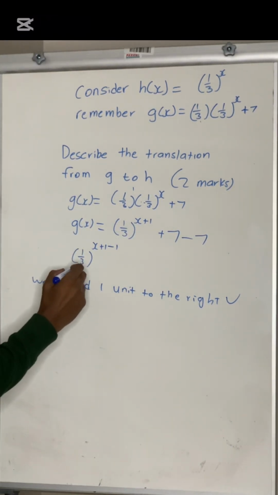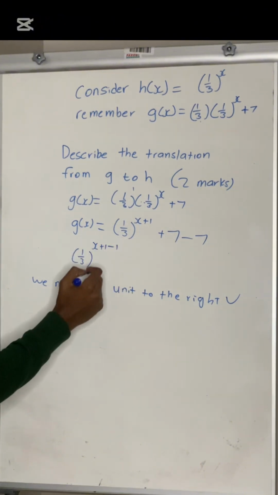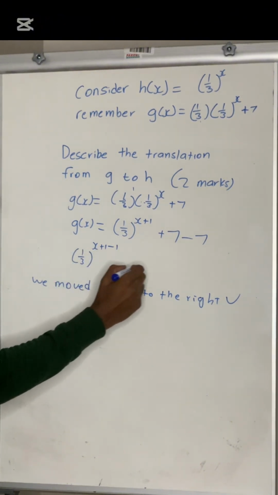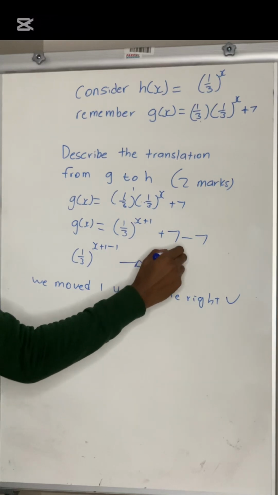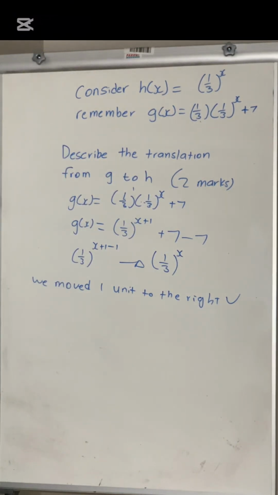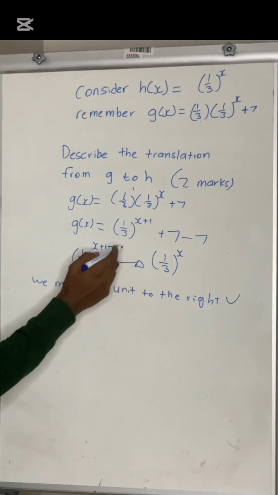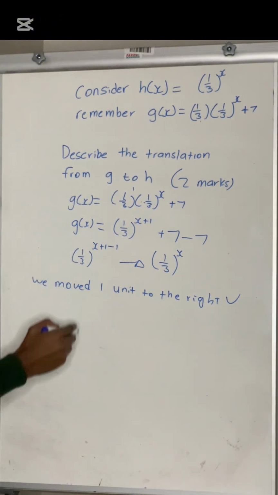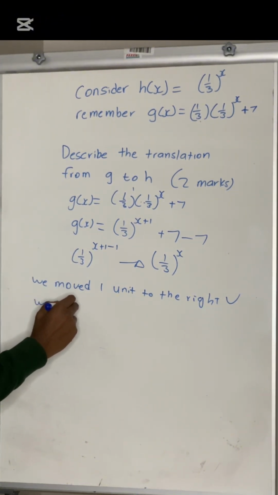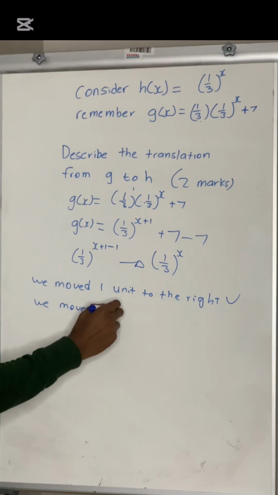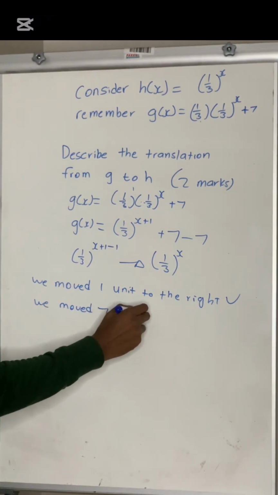So we are then left with 0 over here, and over here we are left with (1/3)^x, which is that one. So when subtracting, we are dealing with the y-axis. So we moved 7 units down.